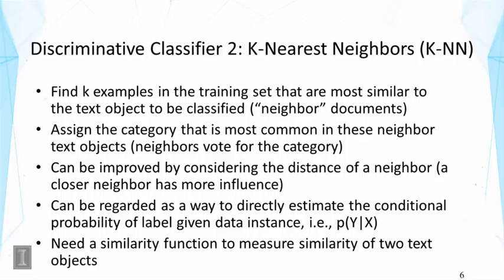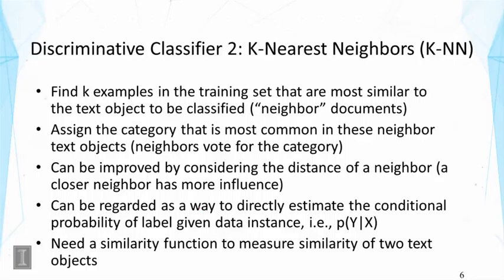So once we found the neighborhood and the objects that are close to the object we're interested in classifying, let's say we have found the k nearest neighbors, and that's why this method is called k-nearest neighbors. And then we're going to assign the category that's most common in these neighbors. Basically, we're going to allow these neighbors to vote for the category of the object that we're interested in classifying.